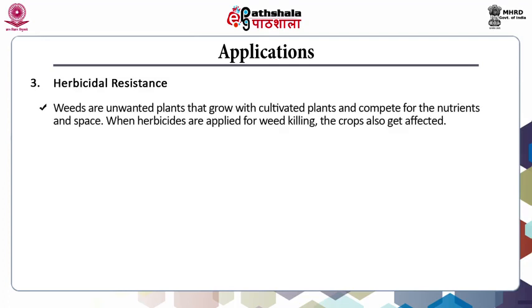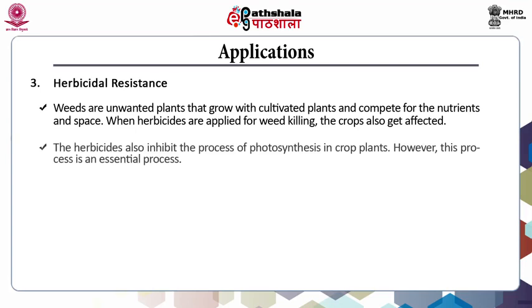Weeds are unwanted plants that grow with the cultivated plants and compete with them for the nutrients and space. When herbicides are applied for weed killing, the crops also get affected. The herbicides inhibit the process of photosynthesis in crop plants.